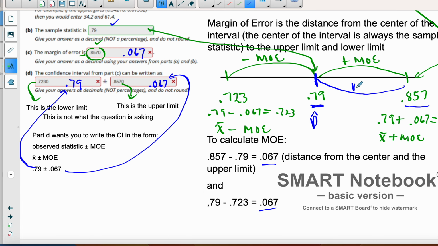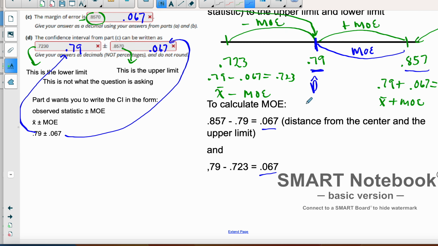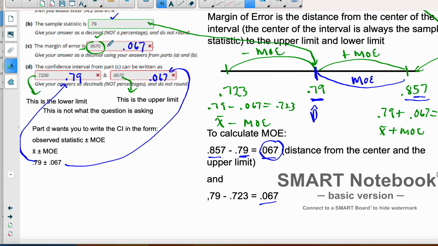So this margin of error you can calculate by taking the upper limit, 0.857, minus the p hat, or the center, which gives you 0.067. That's what you have here. This 0.8570 is the upper end of the range. That's not what it's asking for.